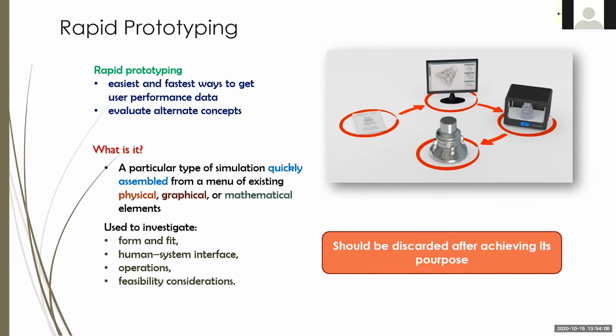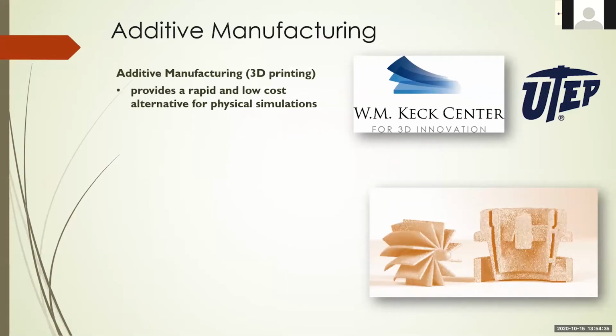Now, because you didn't do it following a systems engineering process, you should discard the prototype that you have. Why? Because it achieved its purpose. So if my purpose was to get my understanding validated, okay, I just drop it, and now I start from the beginning and use a systems engineering approach.